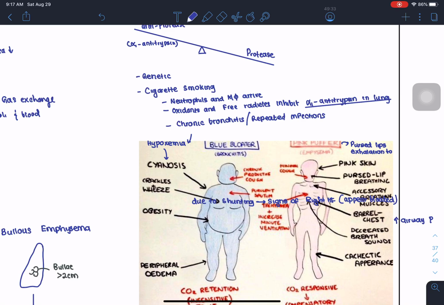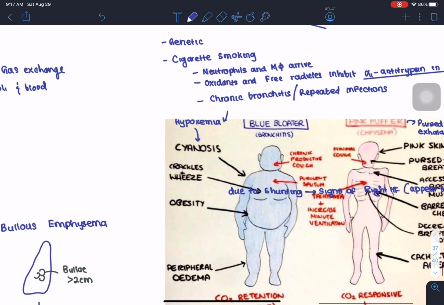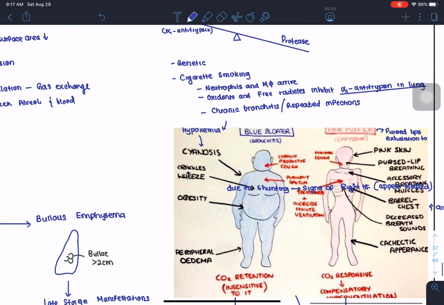That can lead to chronic bronchitis, chronic inflammation of the bronchi, and it can be due to chronic bronchitis and repeated infections too.